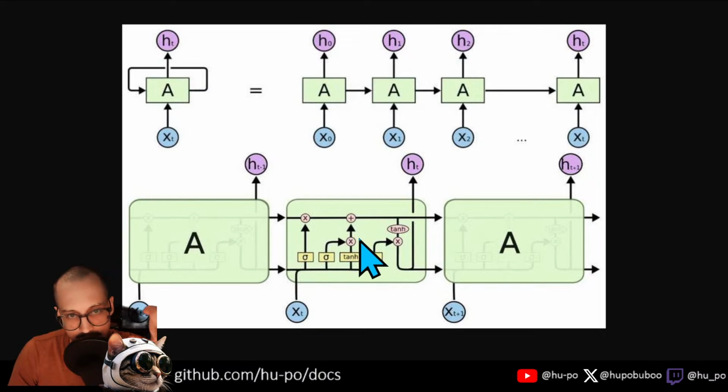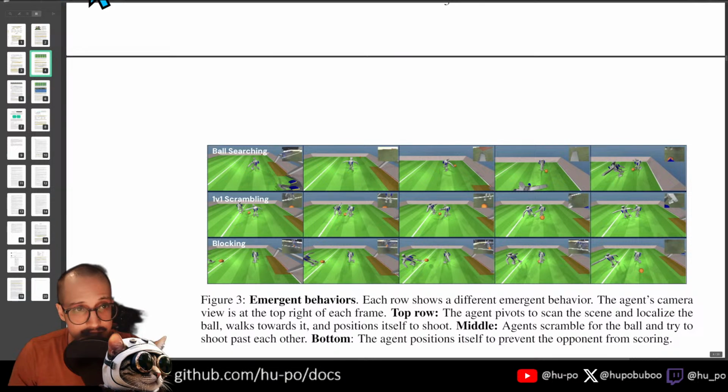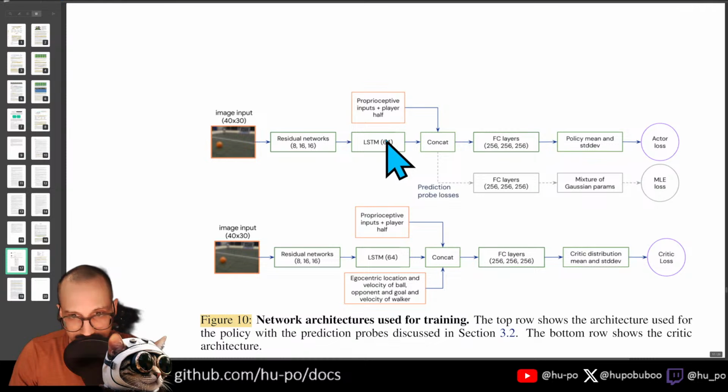But a Transformer is going to be much more memory intensive and compute heavy, because a Transformer is quadratic with respect to the input sequence length. So 64 states back in time in a Transformer is going to be a lot more memory than 64 states back in time with an LSTM. The advantage of an LSTM and these recurrent architectures like Mamba or a classic RNN is that they're linear with respect to that.